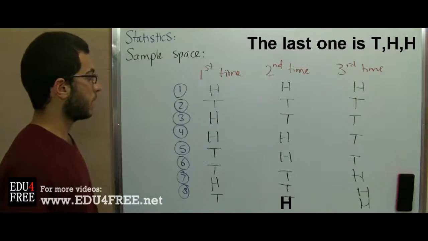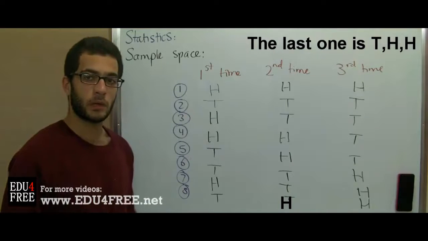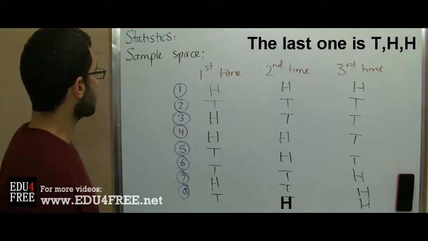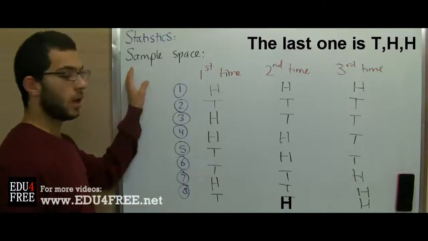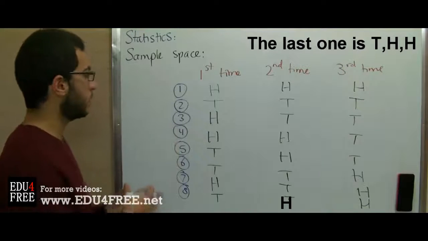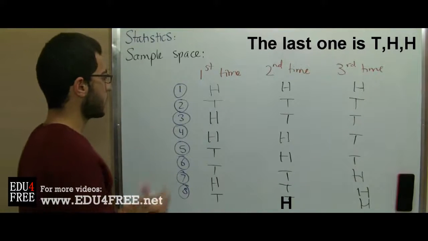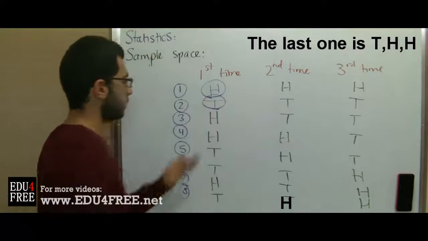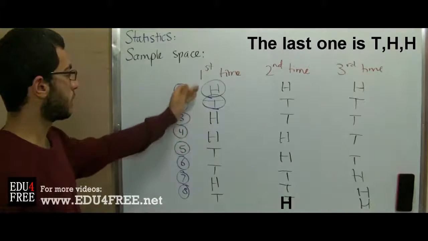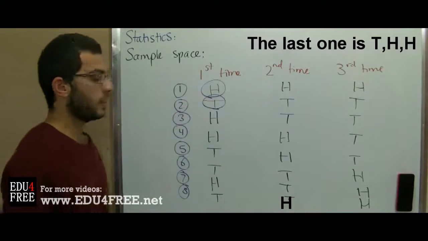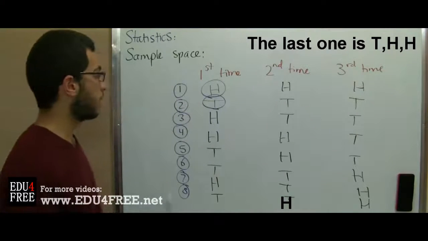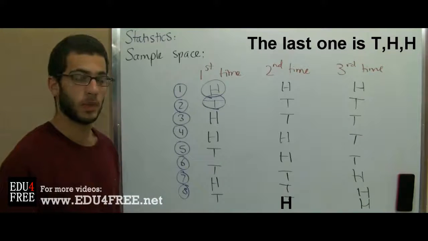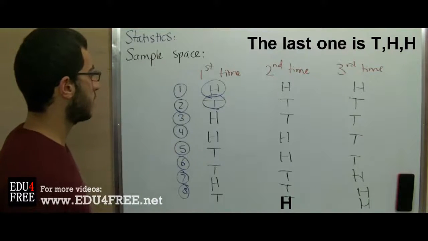So simply, in order to know the number of possible outcomes in a sample space, you have your possible single outcomes, which are heads and tails. Those are the elements or the results of the experiment, and then you raise it to the power of the number of times that you repeat the experiment, as we have just done.